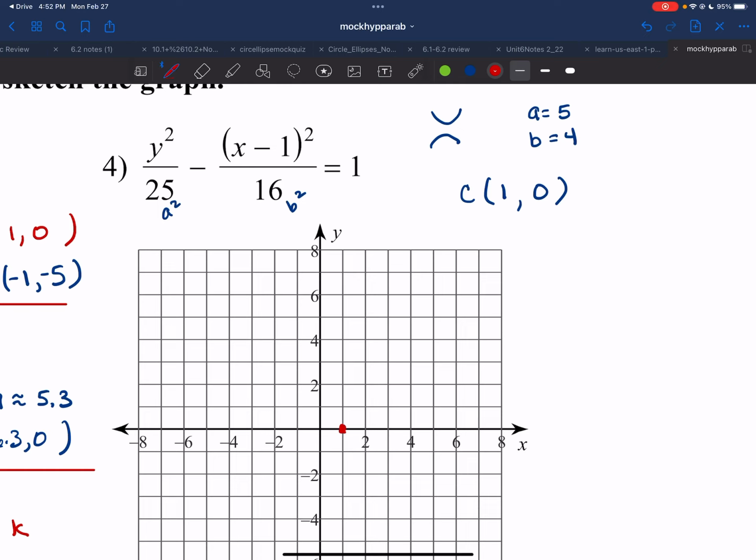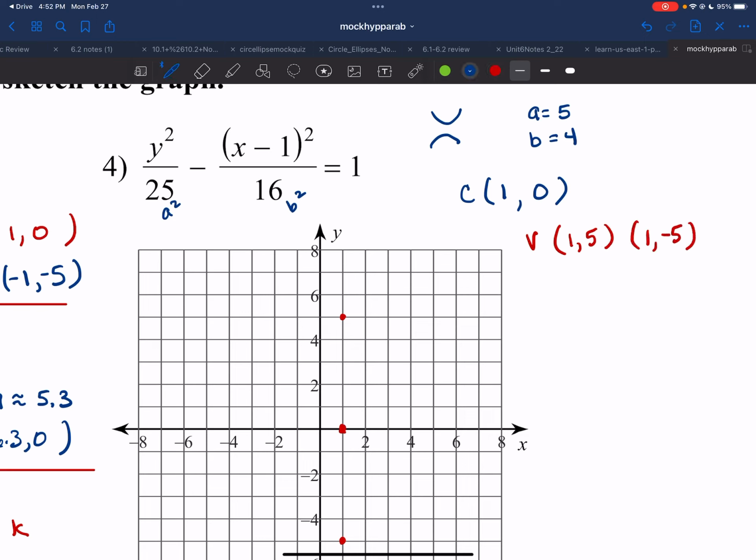And then because my graph goes up and down, I'm going to go up and down from that to get my vertices. So 1, 2, 3, 4, 5. And 1, 2, 3, 4, 5. So my vertices are at 1, 5 and 1, negative 5.